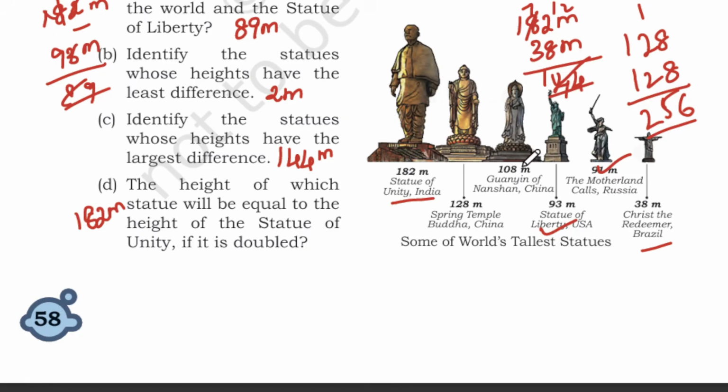So we have 108 here, so we will try this one. 108, 108: 8 plus 8 is 16, 1, 2, so 216. So this is not the one. Next we have 91 meters, The Motherland Calls, Russia. 91, 91: 1 plus 1 is 2, 9 plus 9 is 18, so we have 182 meters.